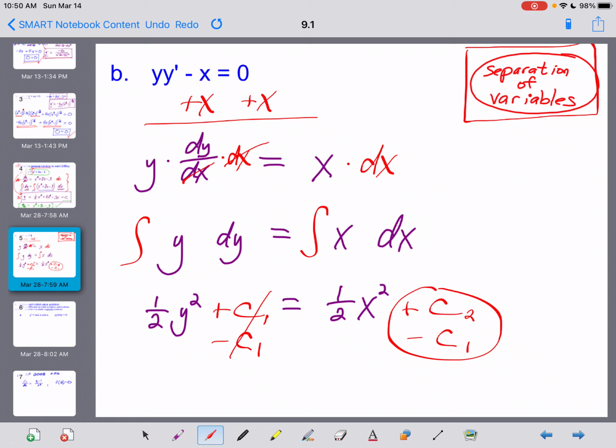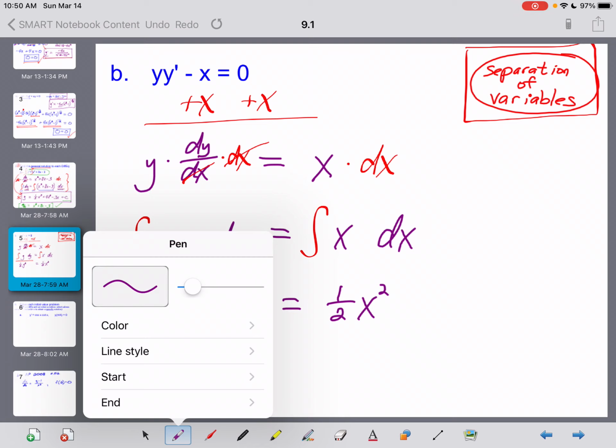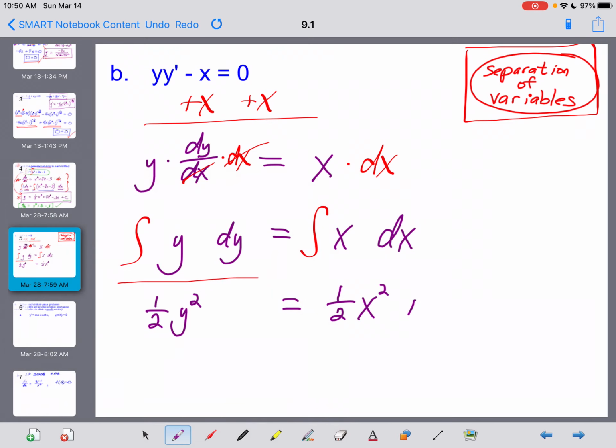And just like C1 and C2 themselves, we have no way of knowing what that constant is.